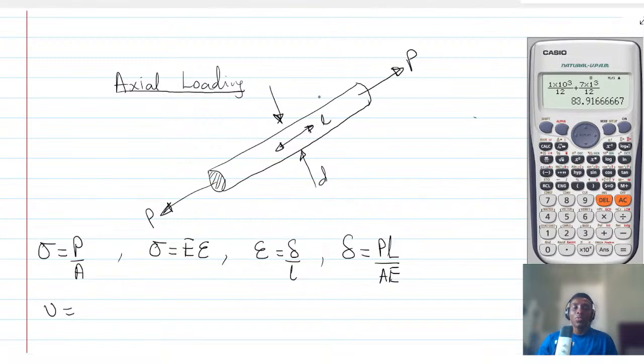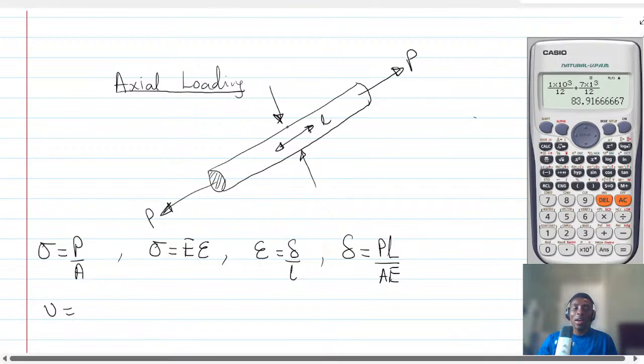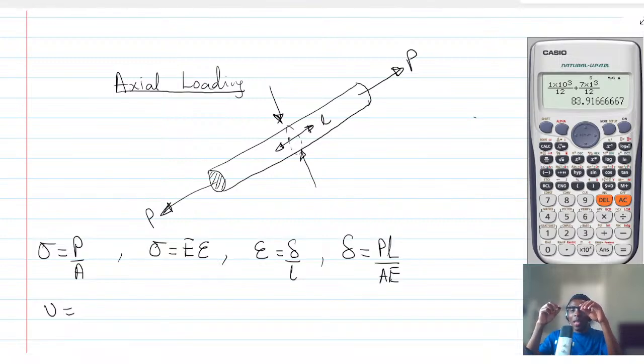So whenever you have a member like this, there will be change in length in this direction along the length, but then the diameter will also shrink.